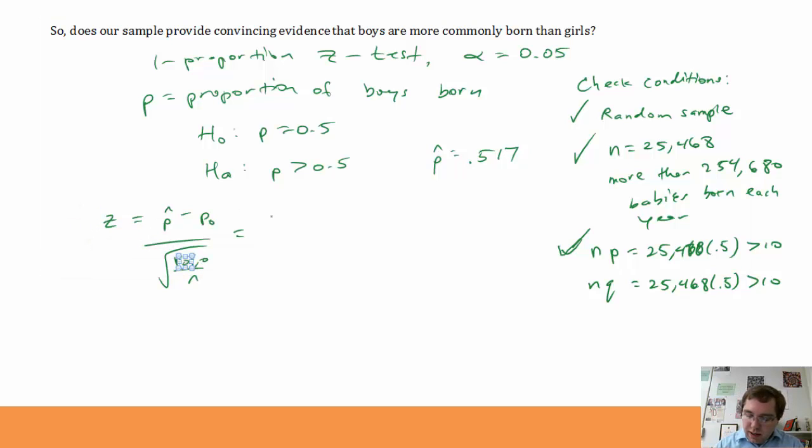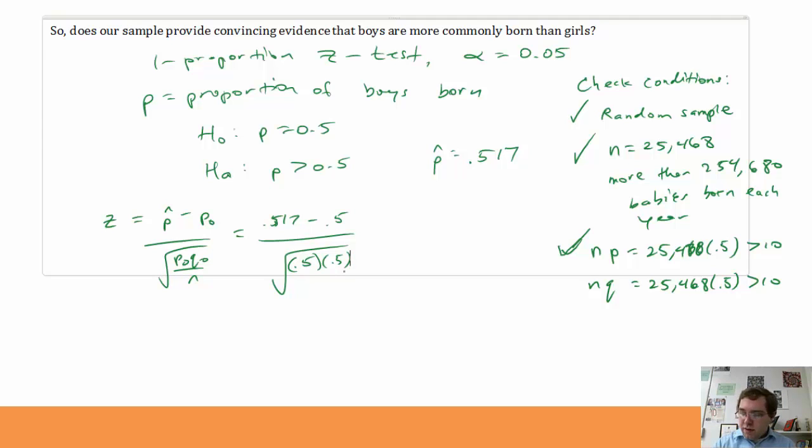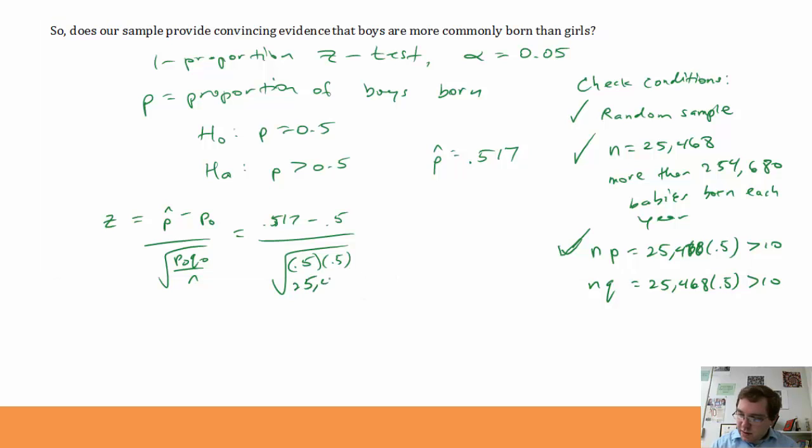So, P hat was 0.517 minus P naught, which is 0.5. That's the null hypothesis value. Divide that by the square root of 0.5 times 0.5, because P naught and Q naught are both 0.5, divided by the square root of the sample size, 25,468. If you work that out in your calculator, you get a Z value of 5.43.